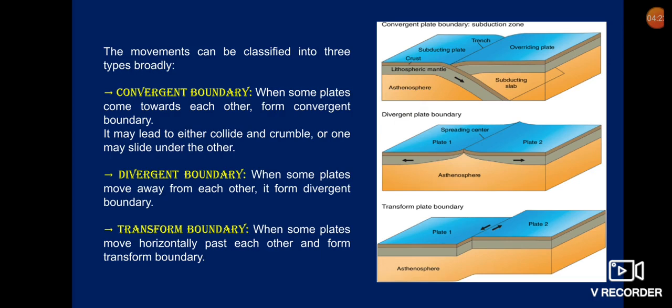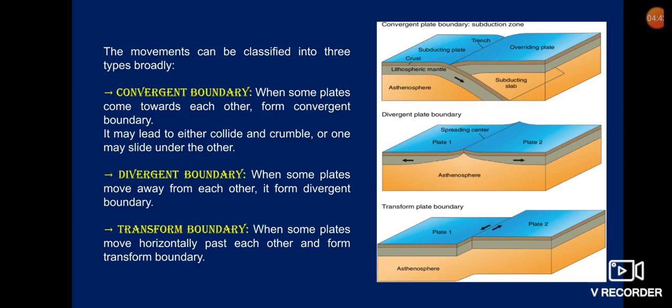What is a convergent boundary? When plates move towards each other, causing one to go under the other or causing plates to collide forming mountains, such movement of the plates is called a convergent boundary.